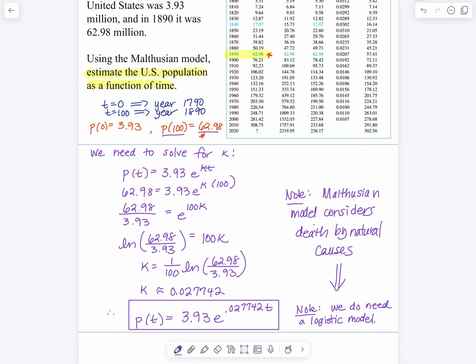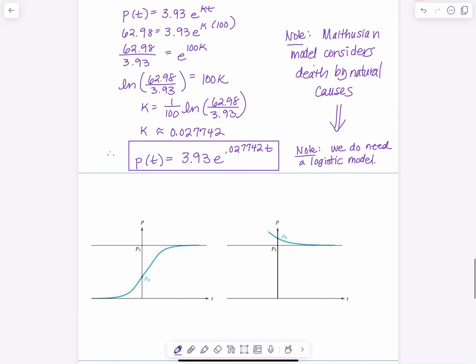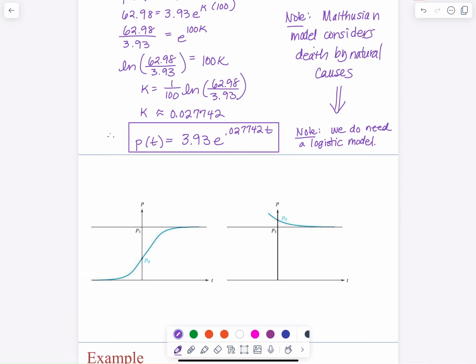So, of course, we do need a logistic model, and we will go ahead and introduce the logistic model.